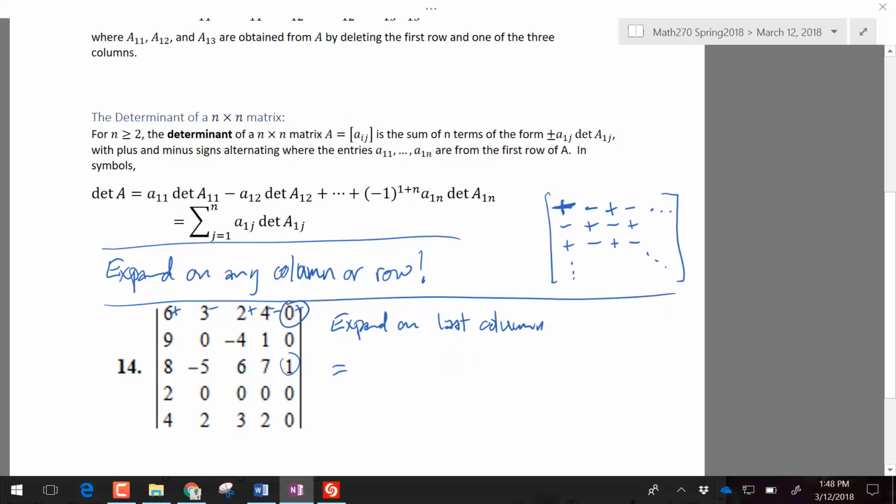So it looks like I'm starting with a plus. I have plus 0 times, it doesn't really matter what this is, A1,5. And then if I start with a plus, the next one has to be a minus. So the next one is 0 times another one that I don't care about.